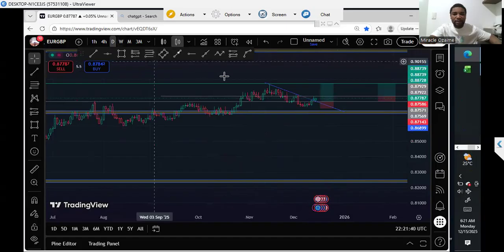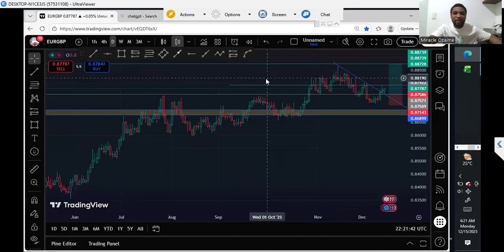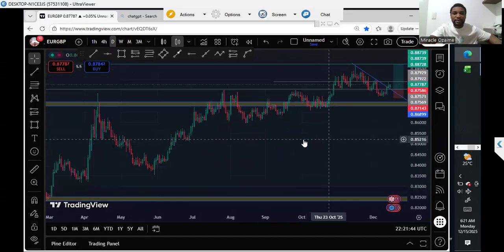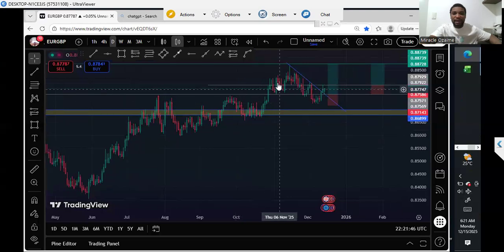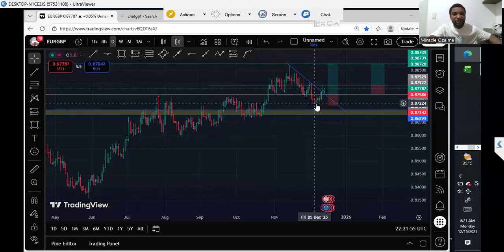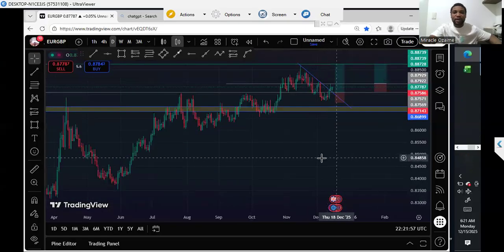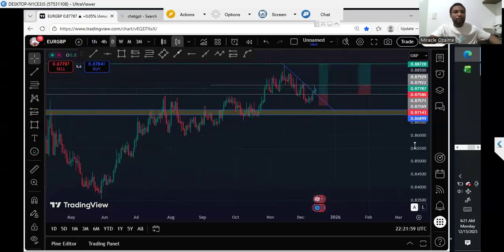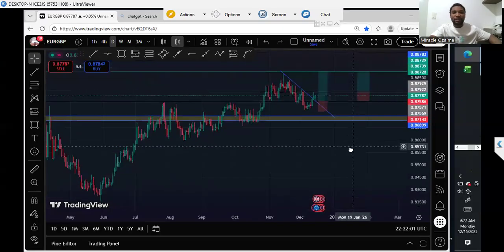When I come back to my daily time frame, previously, remember that I was looking at this as a head and shoulder pattern that came and retested the neckline region, then dropped. So right now, this is almost looking to me like a failed head and shoulder pattern.